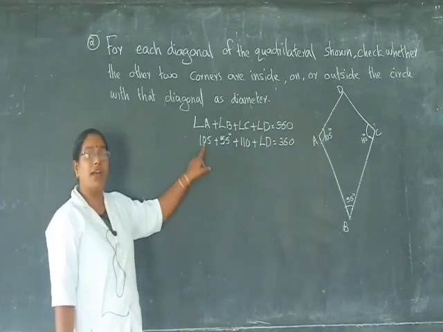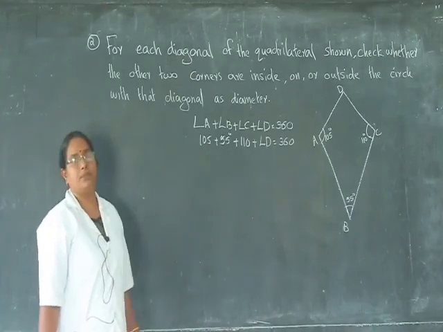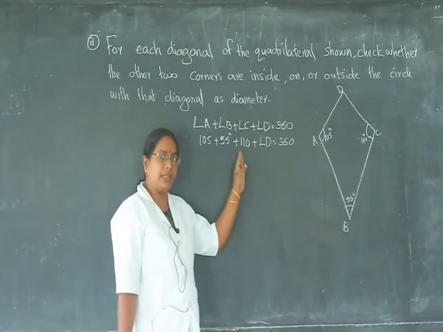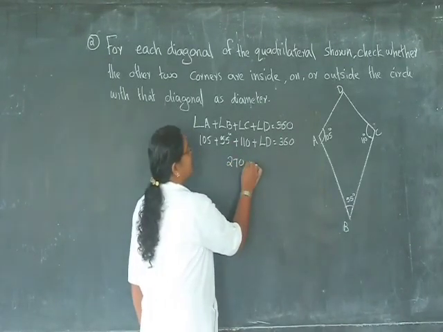Here, 105 plus 55 is 160. 160 plus 110 is 270. The sum is 270.